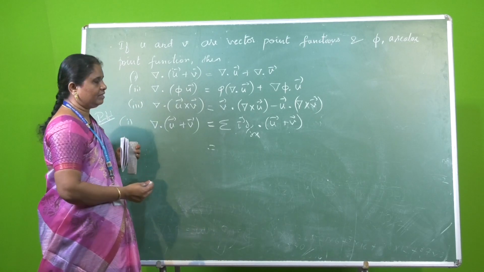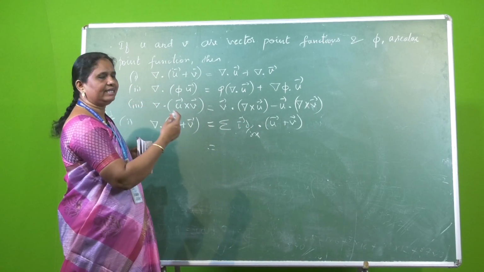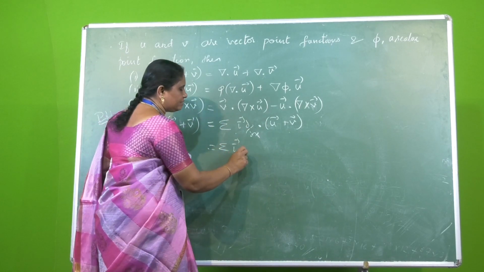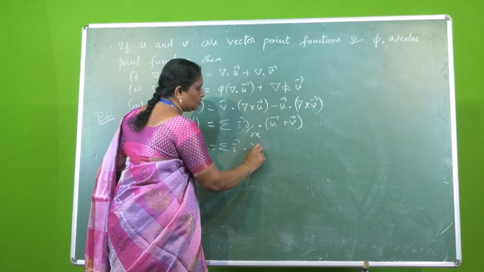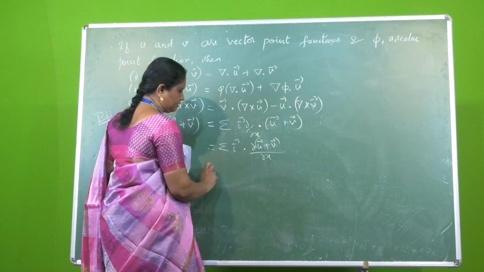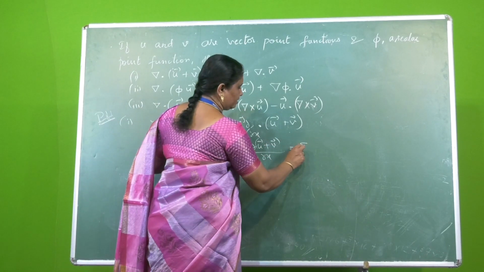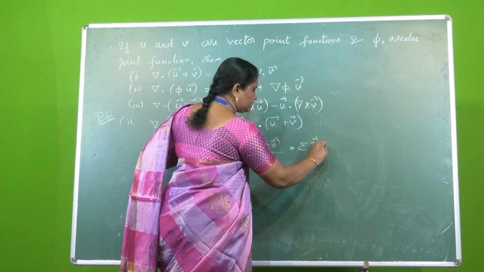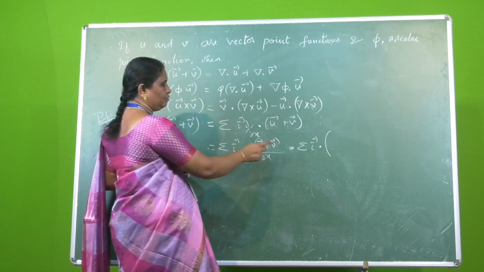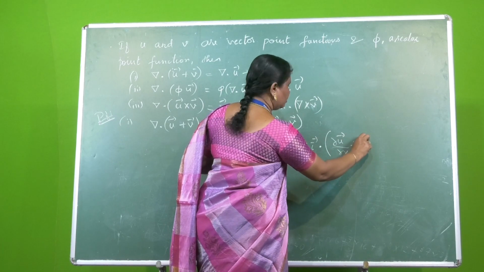In the next step we can bring this dou by dou x, that is the derivative. We have to find the derivative of both u and v. So we can write the next step as summation i dot dou of u plus v divided by dou x, which is equal to summation i vector dot, and differentiating with respect to x, u and v becomes dou u vector by dou x plus dou v vector by dou x.